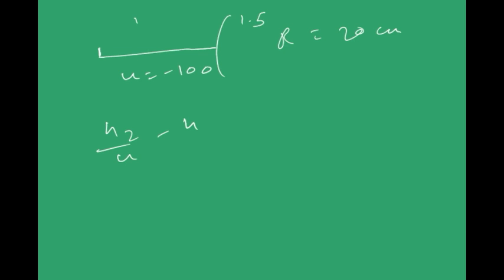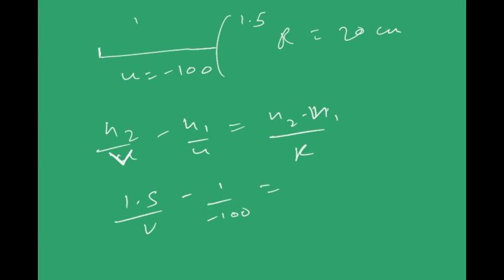N2 by v minus N1 by u is equal to N2 minus N1 by r. So what will I get? 1.5 by v, I want to find v, and 1 by minus 100, this should be equal to 0.5 by 20. This gives me the answer v as 100 centimeters. It is towards the right.